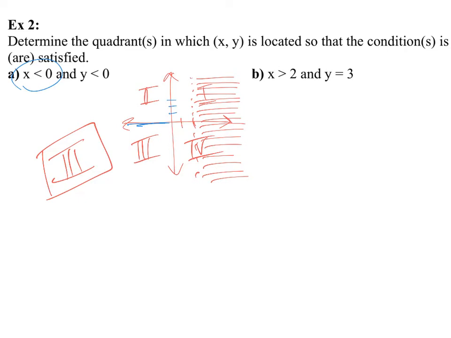Okay, now that's all y values that are 3. So here are all my points that have an x value greater than 2 and a y value of 3. And in what region do all those points lie? Or what quadrant? Quadrant 1. On to the next example.